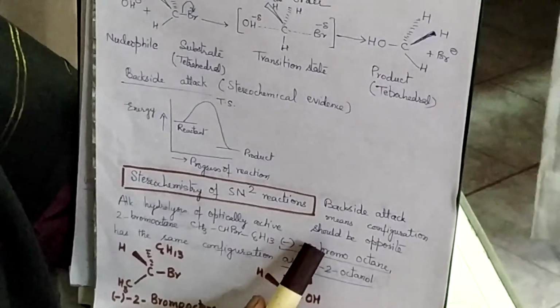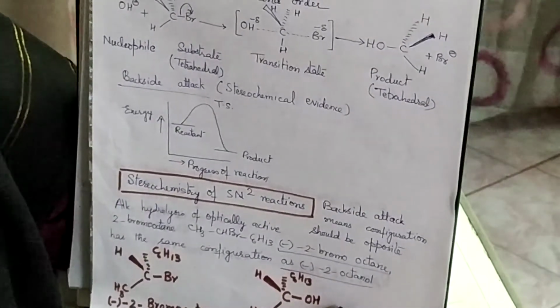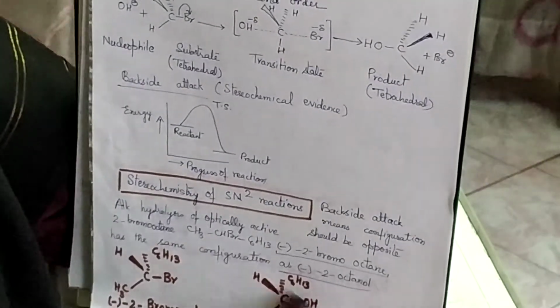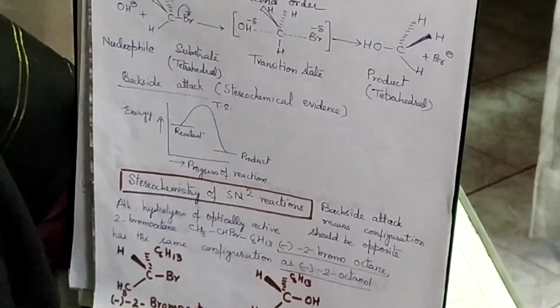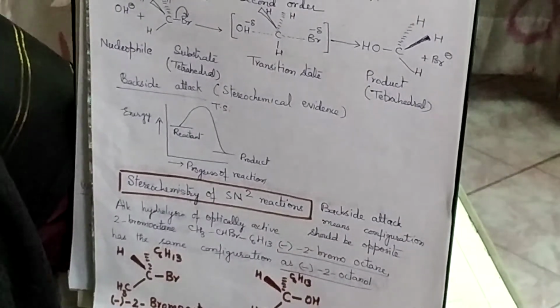How can we illustrate it with the help of an example? Now examples can be many, but the example quoted here is that of the conversion of 2-bromo-octane into 2-octanol. 2-bromo-octane is an alkyl halide, that is alkyl bromide, and 2-octanol is the alcohol which is formed from here.